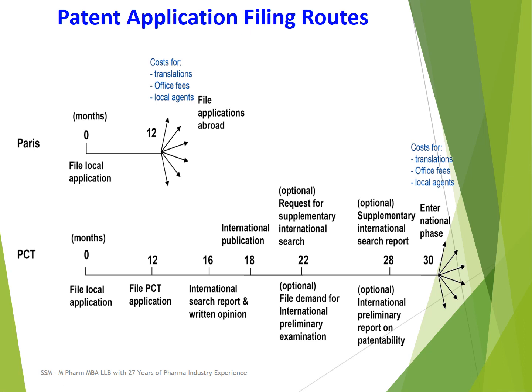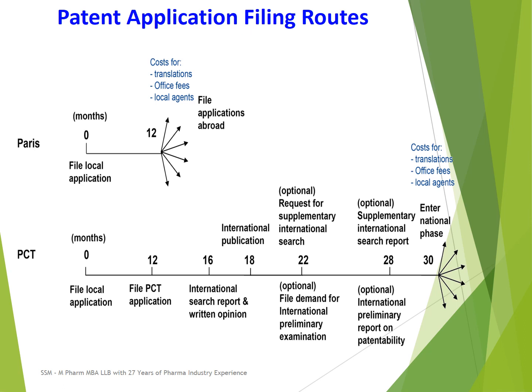Additional benefit provided by PCT application is at 22 months. At 22 months from priority or earliest filing application date, the patentee or applicant can request a supplementary international report, and he can also request international preliminary examination.